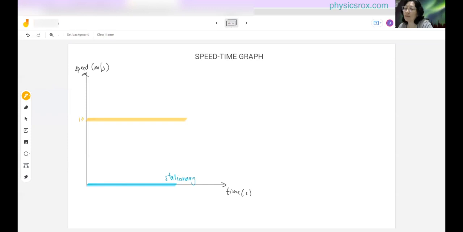Does that mean it's not moving? It's moving, right? Moving with what? Constant or changing speed? What do you think?